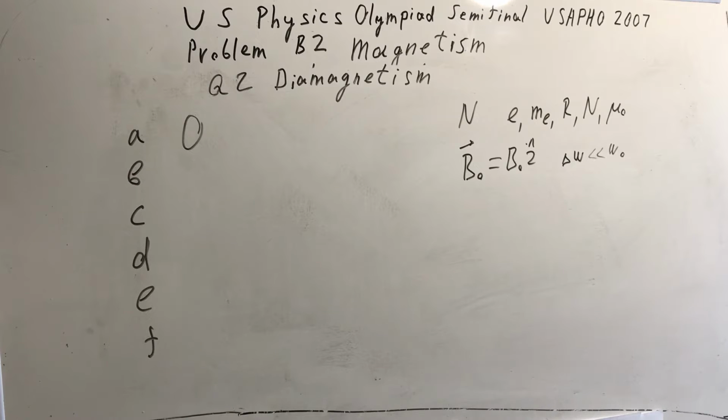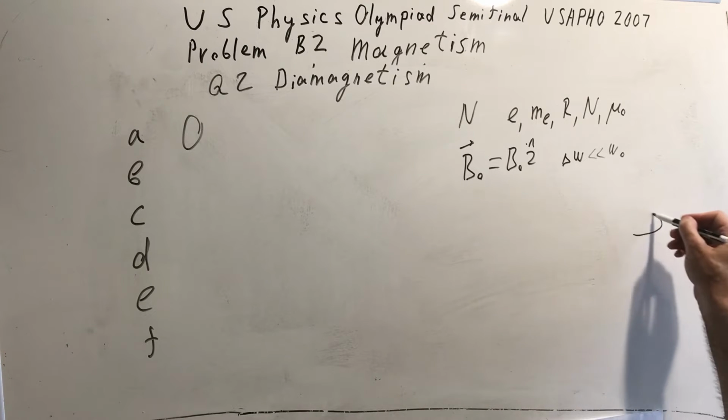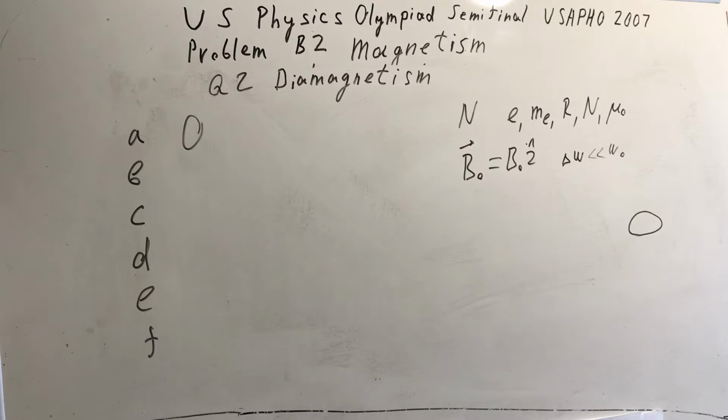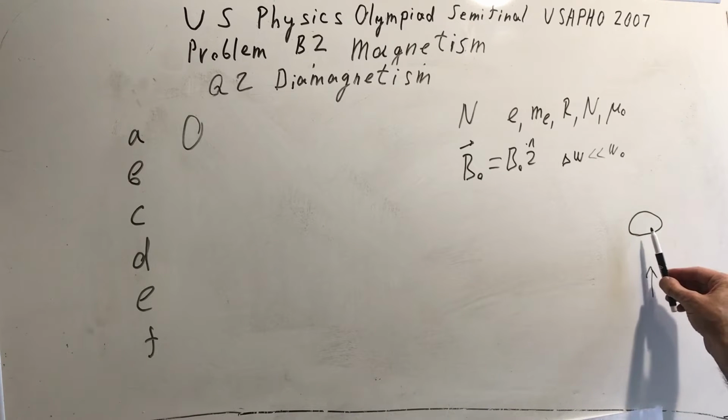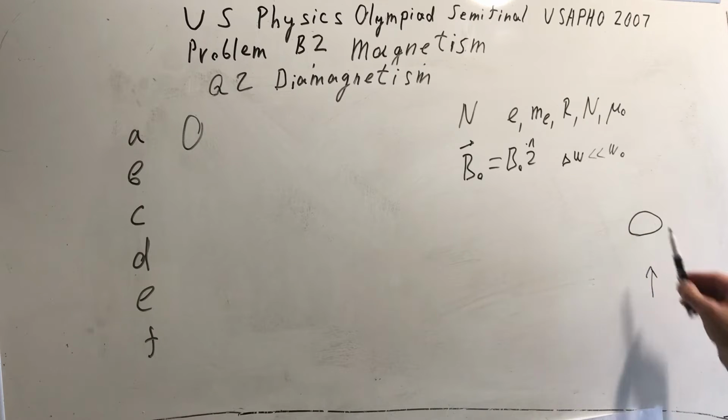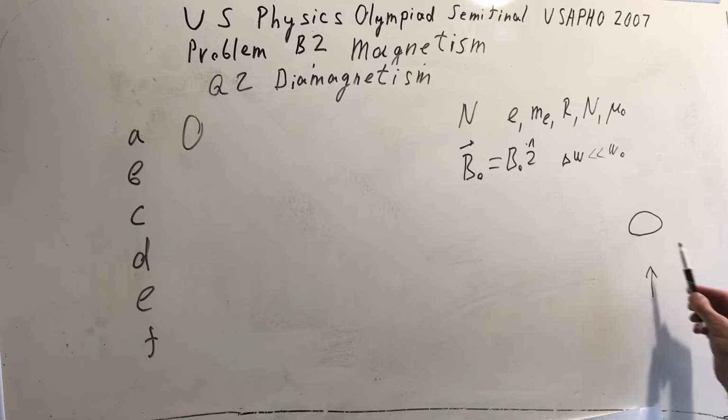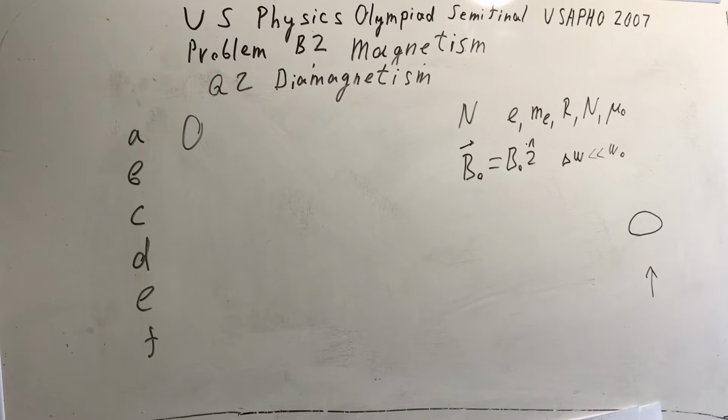So if we have the orbit of an electron and the magnetic field is going this way, it means that we have an additional force from the magnetic field which is going either inside to the center of this orbit or outside. It depends which direction this electron rotates. From here we can write the equation.